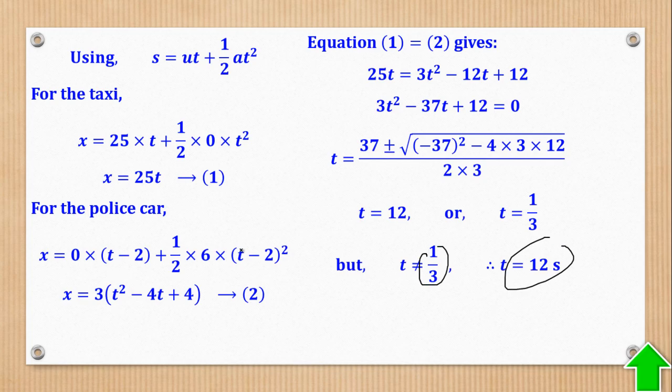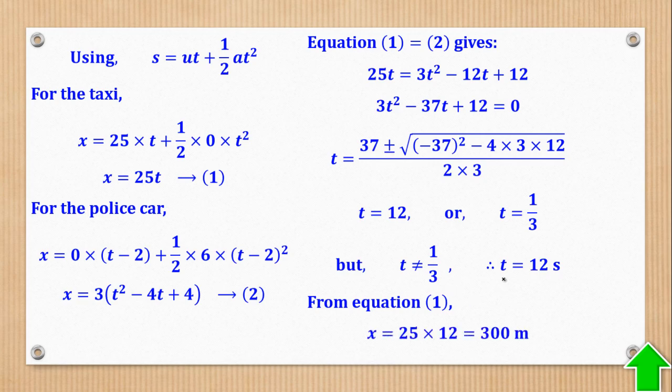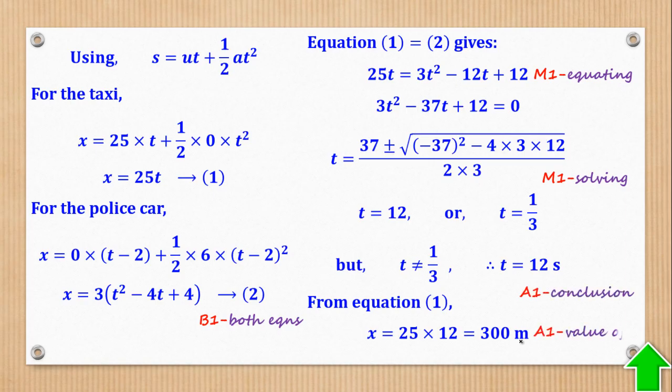Because if you replace this one here, you're going to get a negative time, which you don't want. So from equation 1, I'm going to use this to get the distance required. And that's what they wanted.